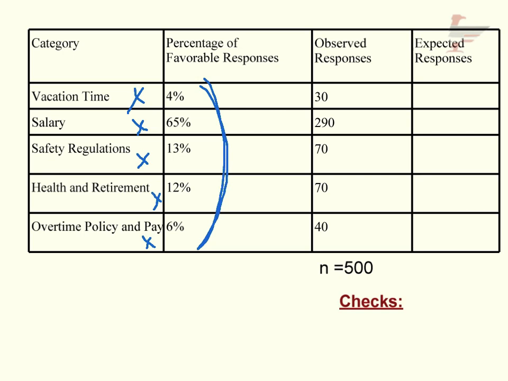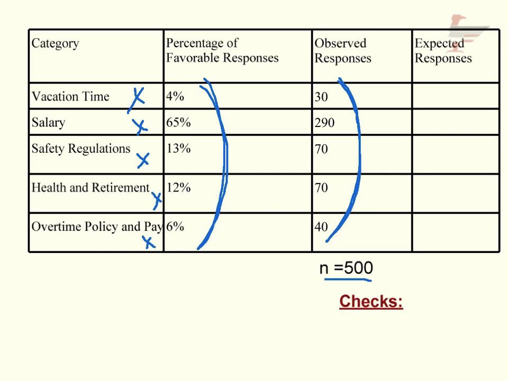When they sent out the survey this year for the 500 employees, they observed this kind of distribution right here. So these numbers represent the number of employees who stated their priority or favorable response towards these categories.